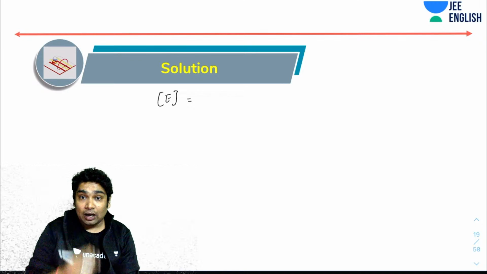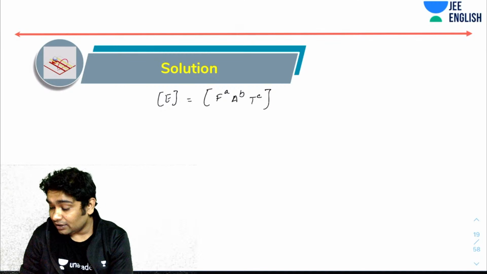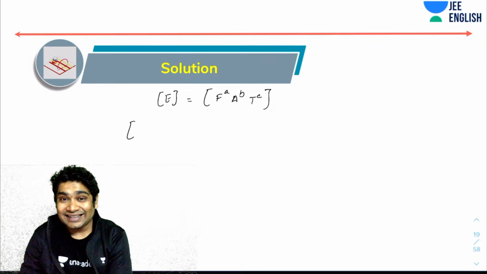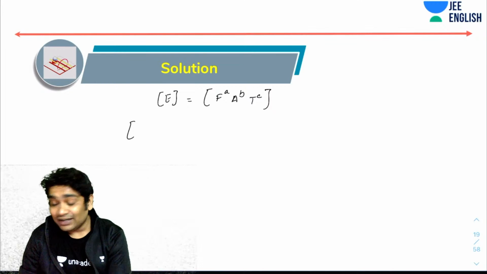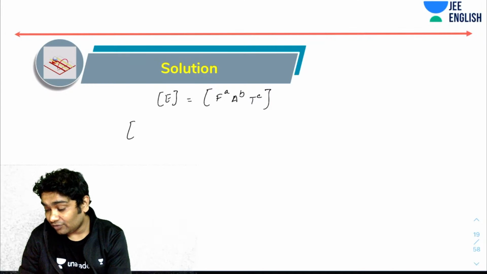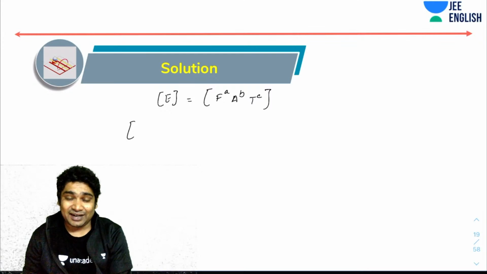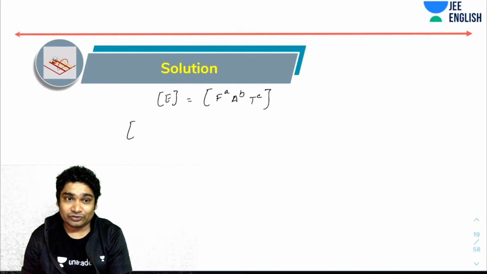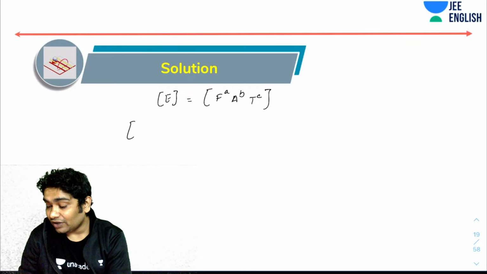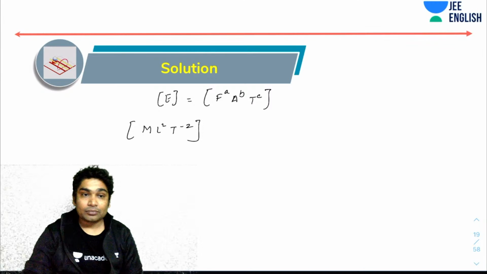Now if I substitute all of these in terms of mass, length, and time that we know of, so energy is force into displacement. Energy has the same dimensions as that of work. The dimensions of energy would have been mass, length square per time square. Correct?